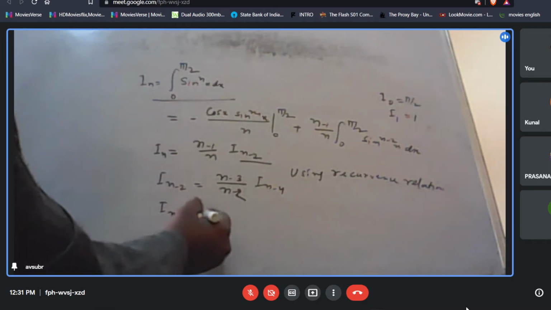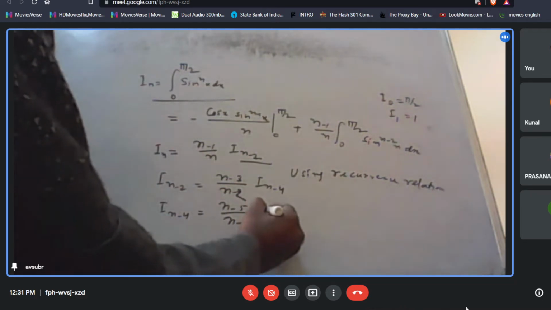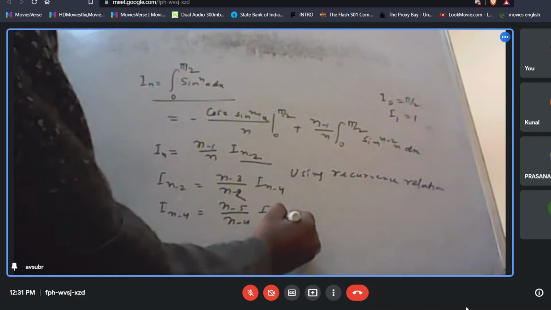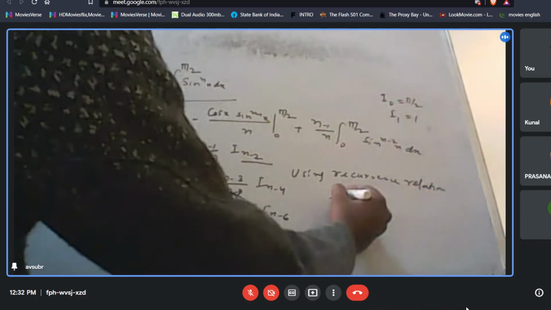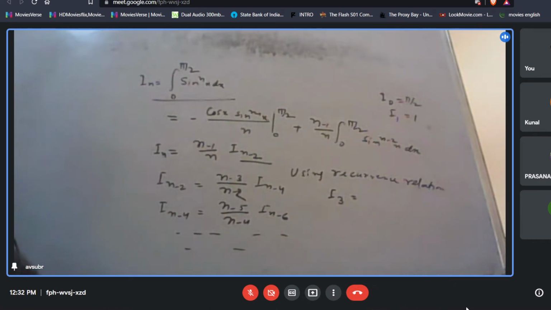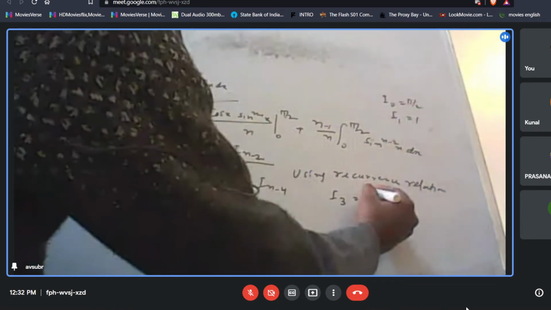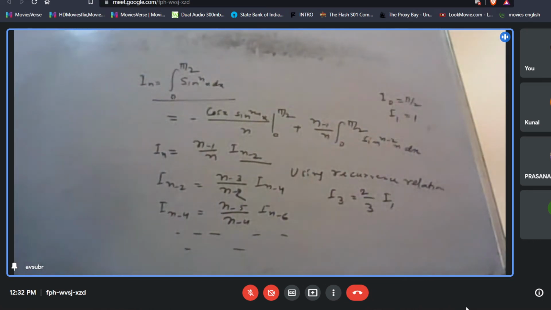So if I put n minus 4, then this will be n minus 5 by n minus 4 into I of n minus 6, and so on and so forth. So if I put I3, what will I get? 2 by 3 I1.